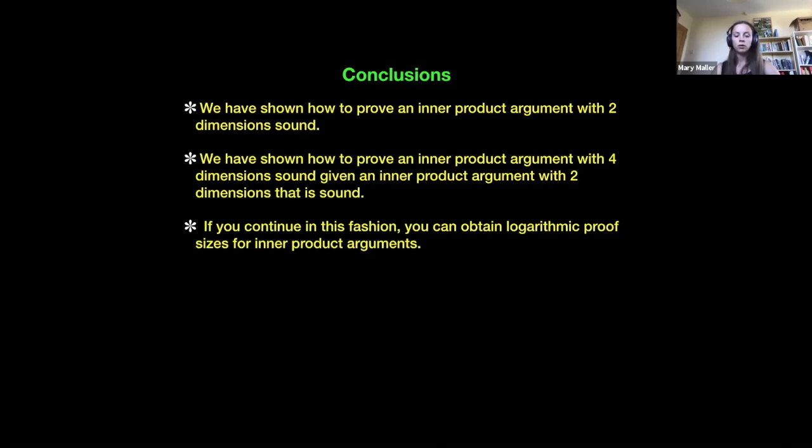So you can commit to all of your first group elements into one commitment. You can commit to all of your second proof elements into a second commitment, and you can commit to all of your third proof elements into a third commitment.